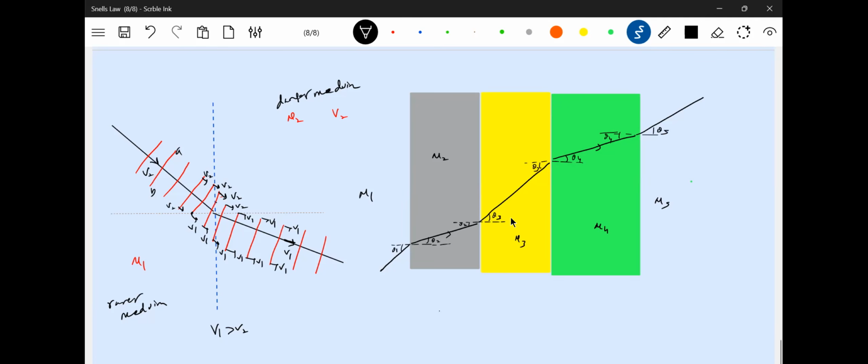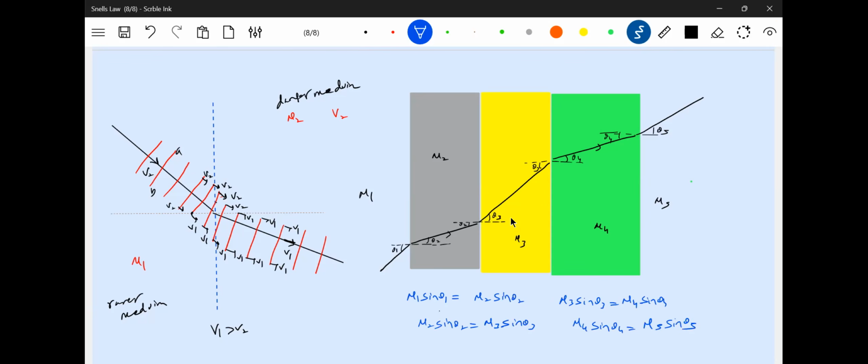Sticking with the basic Snell's law, at interface 1 and 2, mu1 sine theta 1 should be equal to mu2 sine theta 2. At this interface, mu2 sine theta 2 equals mu3 sine theta 3. At this interface, mu3 sine theta 3 equals mu4 sine theta 4. Then at this interface, mu4 sine theta 4 equals mu5 sine theta 5.